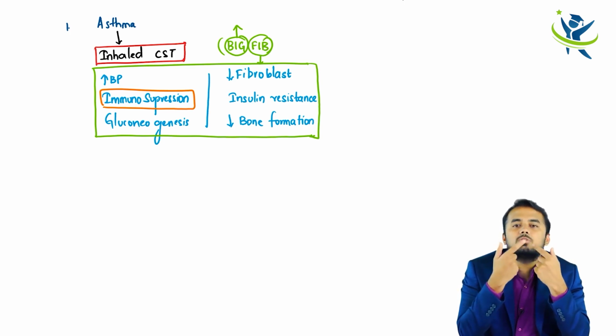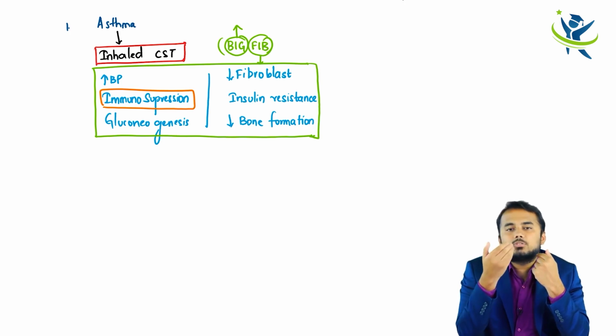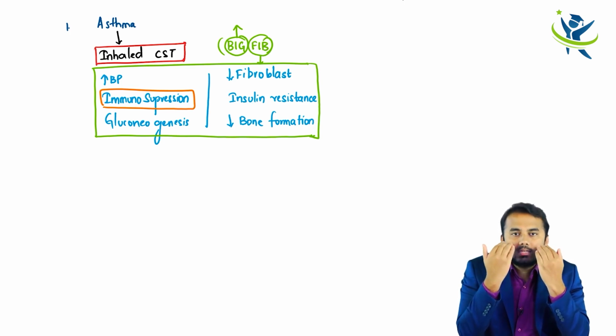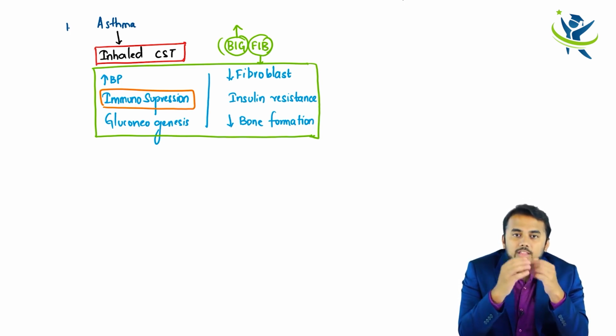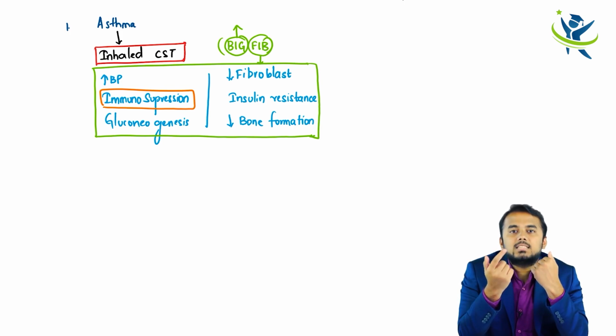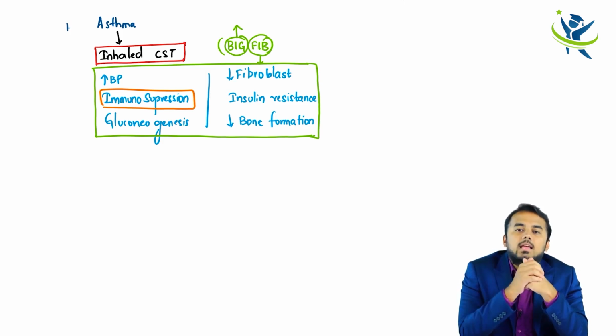Okay? Even in my esophagus, even in my mouth, as these corticosteroids are entering, the immune cells there get depressed. The immunity there is decreasing. So when the immunity there is decreasing, that is a chance for Candida albicans to attack that part where the immunity is low. So Candida albicans will enter there and cause infections.